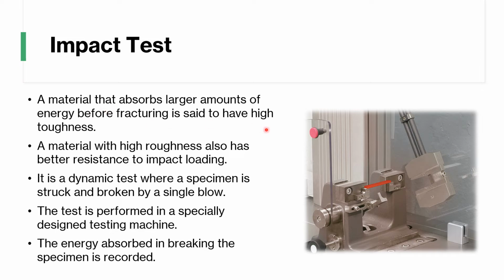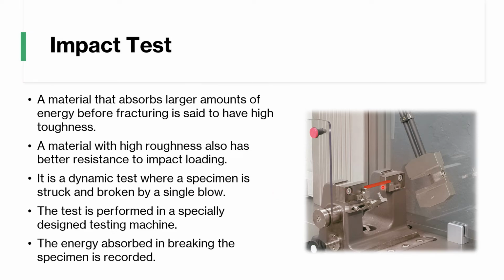Some of the materials have really high toughness, because they absorb larger amounts of energy before fracturing. Sometimes materials with high toughness also have better resistance to impact loading. And this test is a dynamic test, alright?